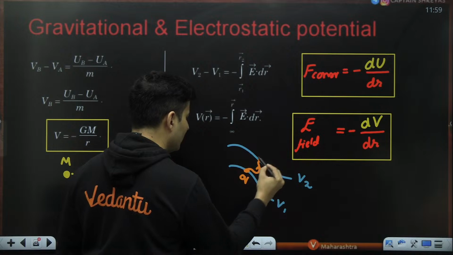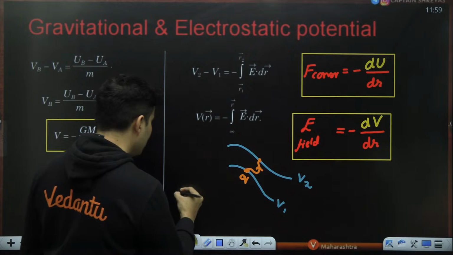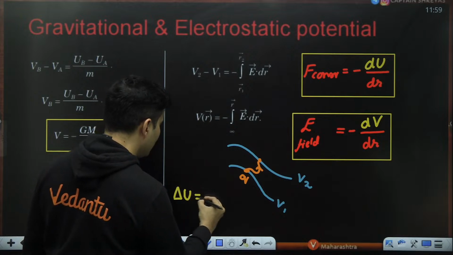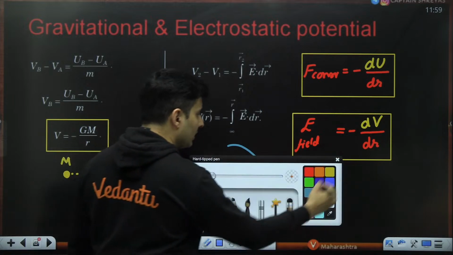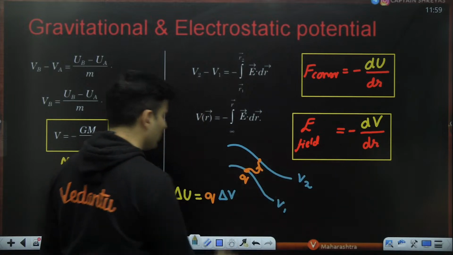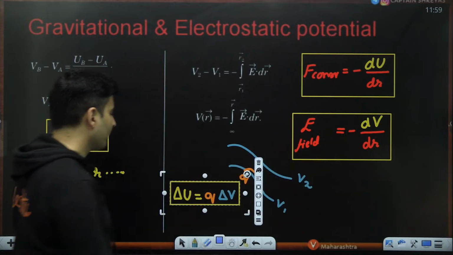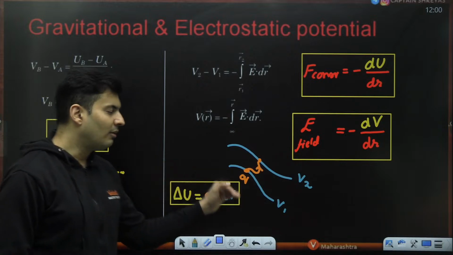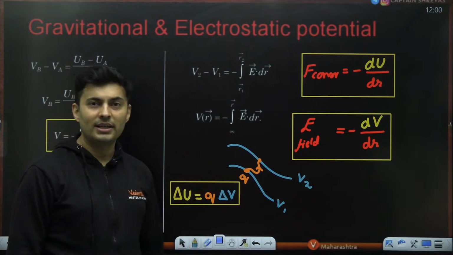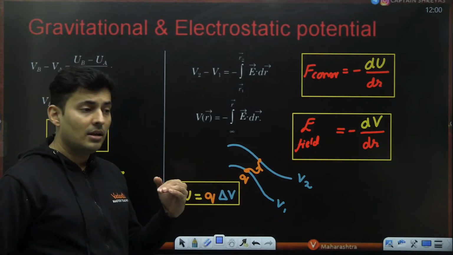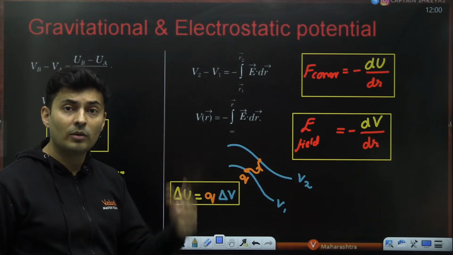There will be a change in the potential energy, which is the charge multiplied by the potential difference between those 2 points. This is also a very important formula. The change in energy from one point to the other is the charge into the voltage difference. You have used this even in modern physics, de Broglie wavelength: a charged particle is accelerated through a potential difference.